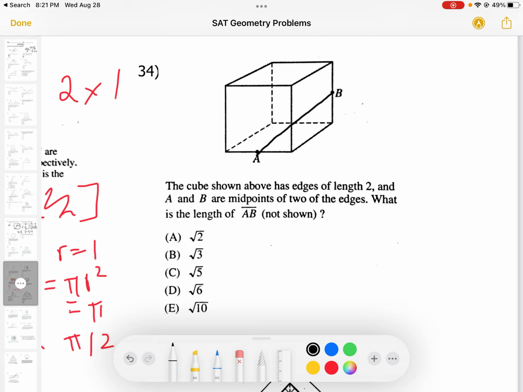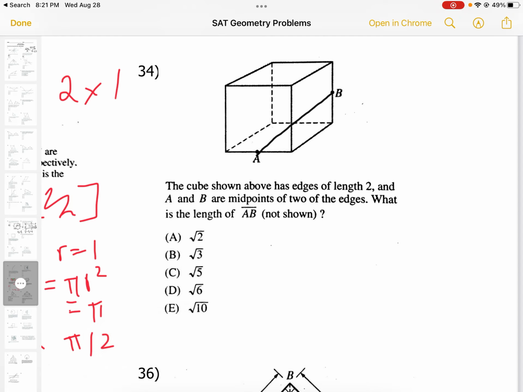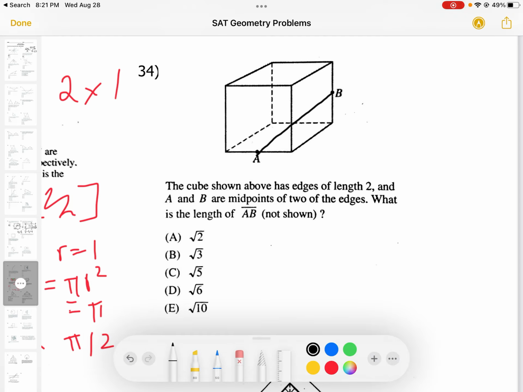So how can we do that? Well, we're going to need some right triangles. We know that the side lengths of the cube are all of length 2, and A and B are the midpoints of these sides. So this is 1, and then this is 1, and this is 1. And we want to find the side length AB.